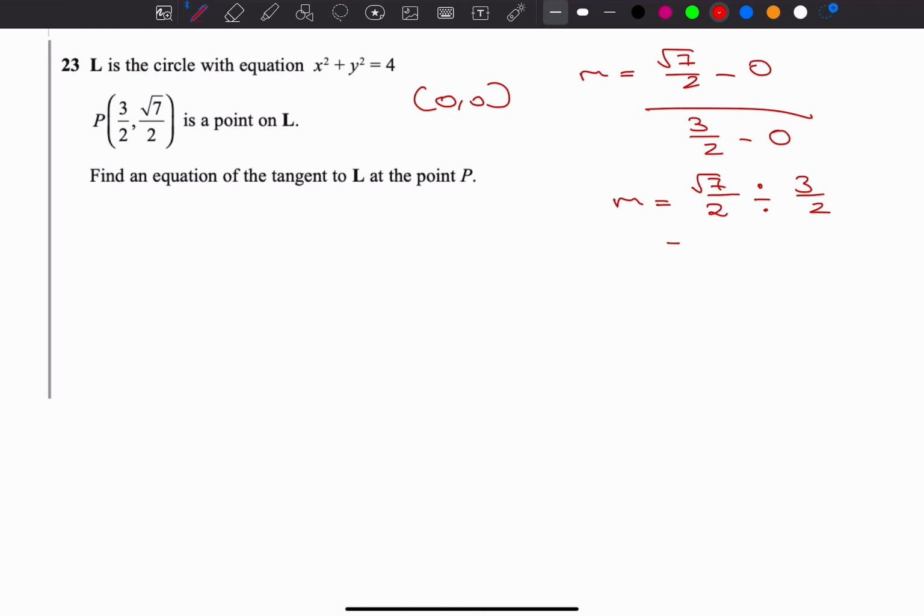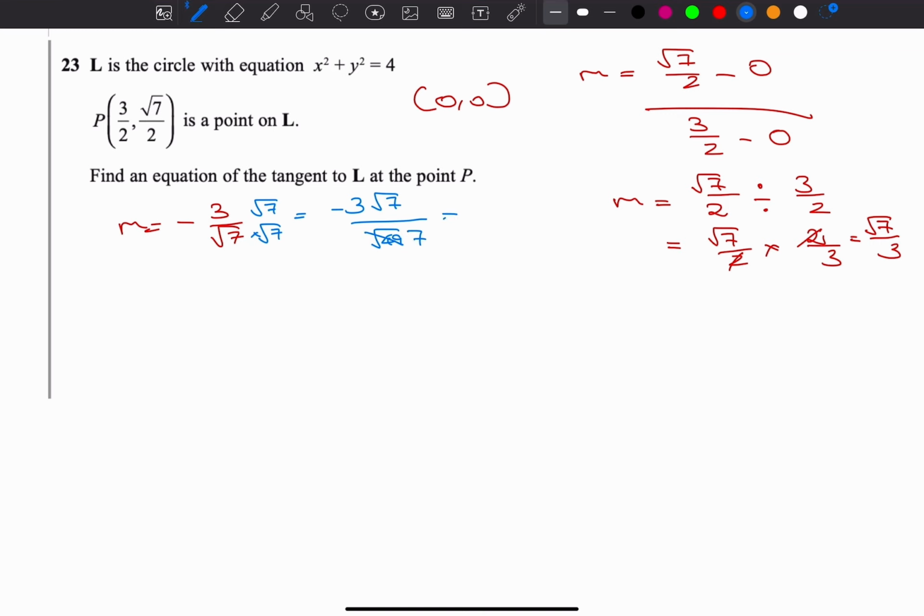Without a calculator, root 7 over 2 times 2 over 3, the 2s cancel, giving root 7 over 3. But you want the perpendicular gradient, remember, always. M is minus 3 over root 7, which you should rationalize. Times by root 7 top and bottom gives minus 3 root 7 over root 49, which is 7.